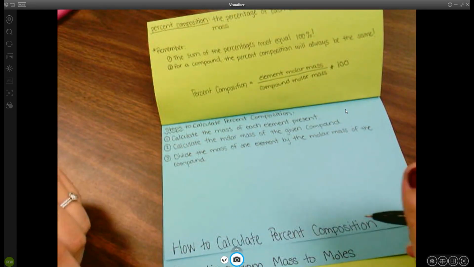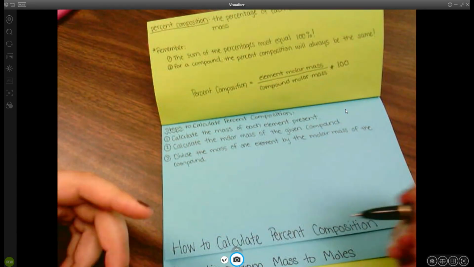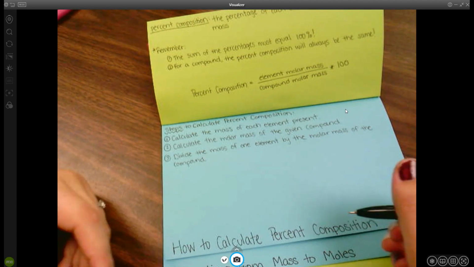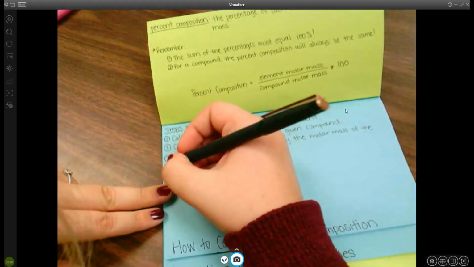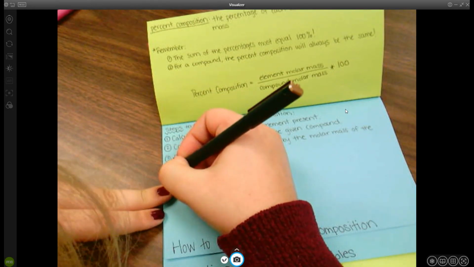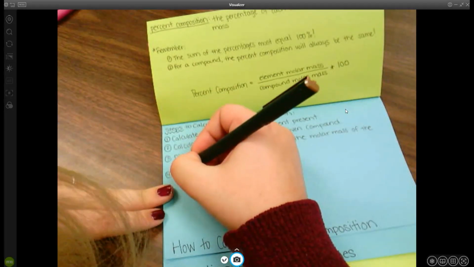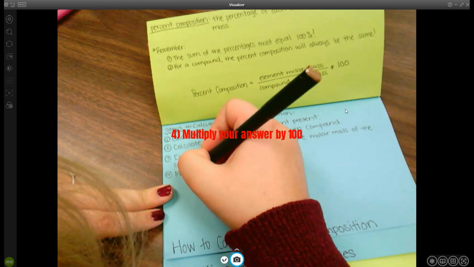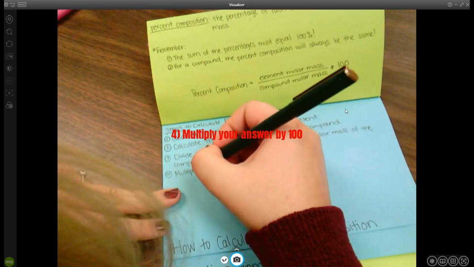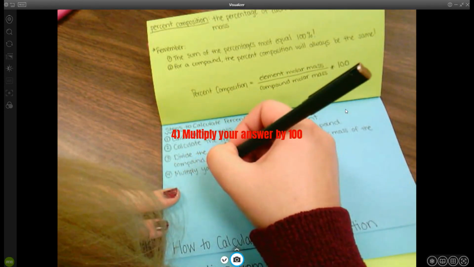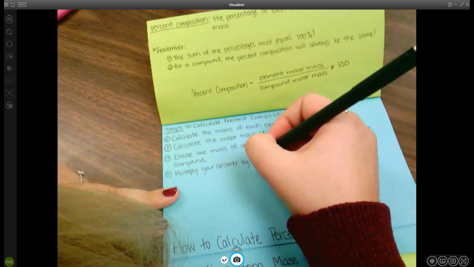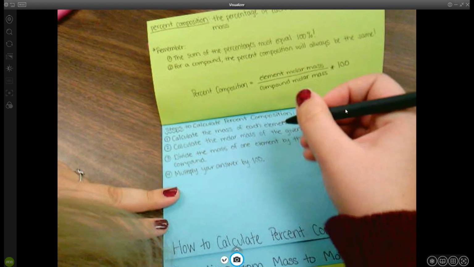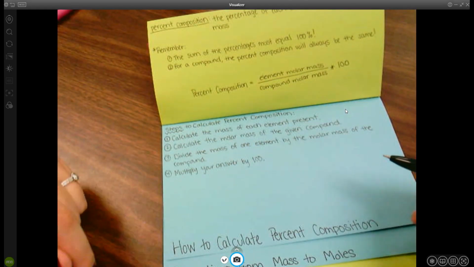Repeat that for all elements. Then step 4 is to multiply your answer by 100, and you're going to repeat that for all of the elements as well.